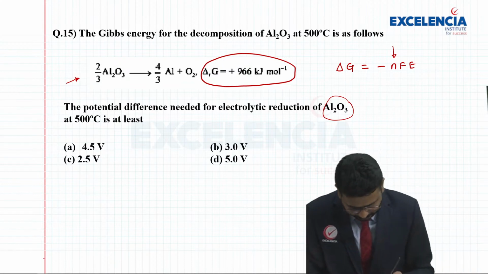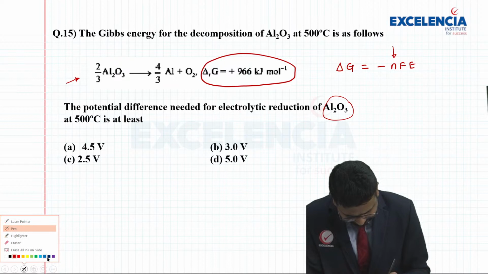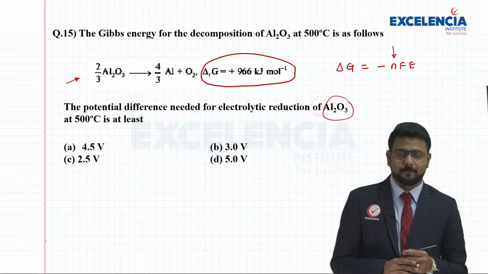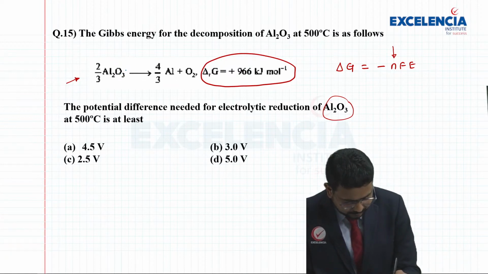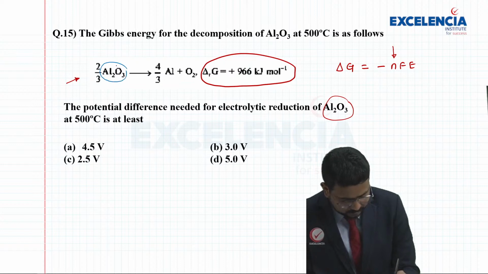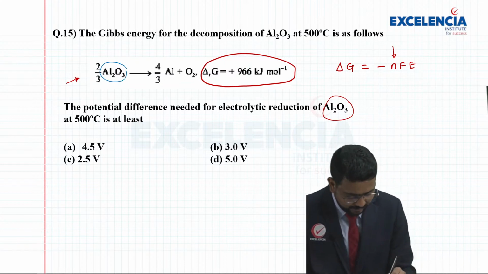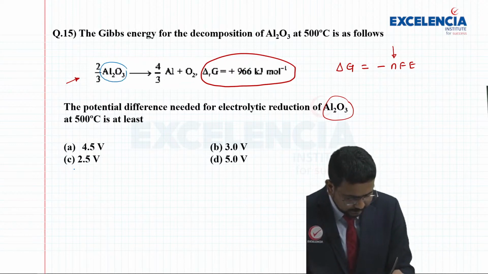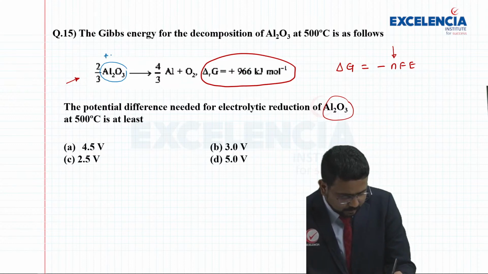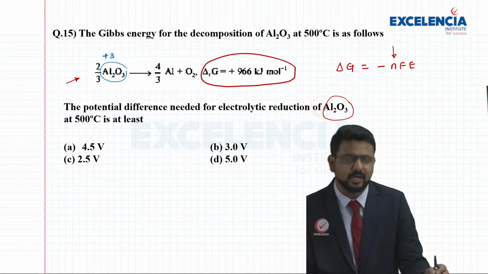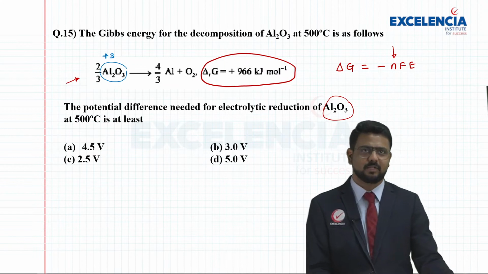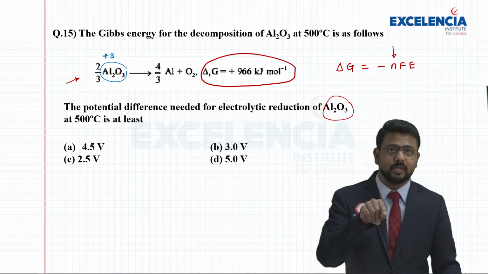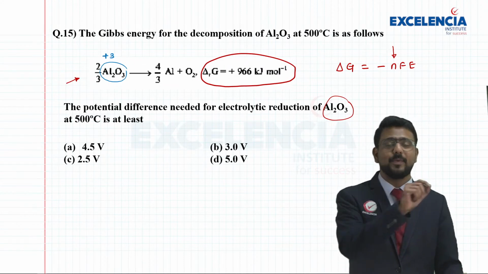Now in such cases, how do we go about finding the value of n? Okay, now look here. You have been given this particular compound that is nothing but Al2O3, right? So if I say Al2O3, in this the oxidation state of aluminium is nothing but +3, right? In Al2O3 the oxidation state is +3, and this Al2O3 is changing into aluminium and oxygen.